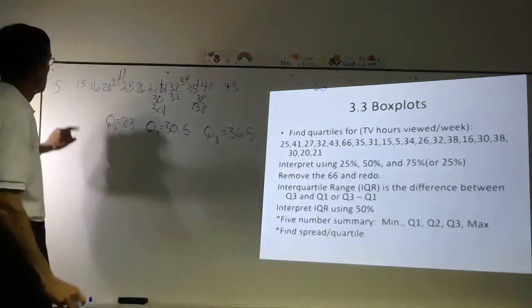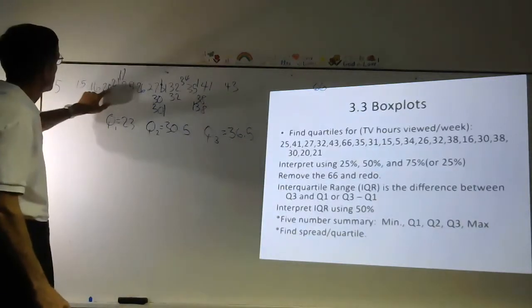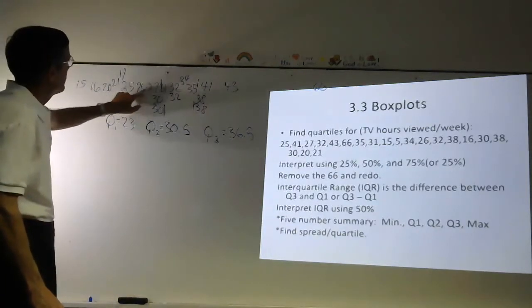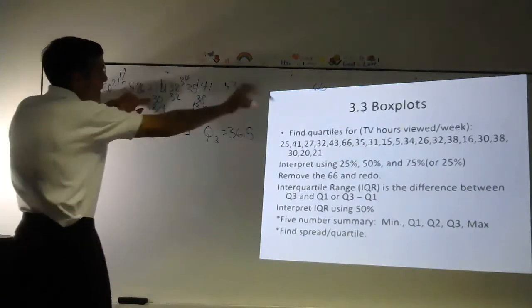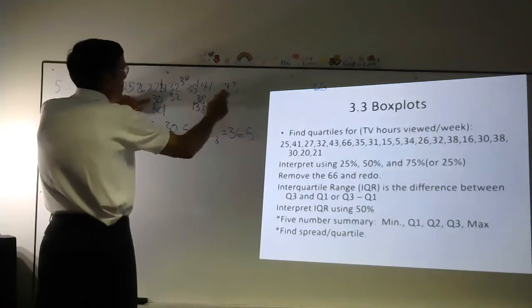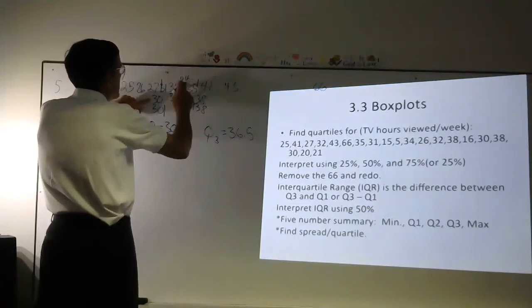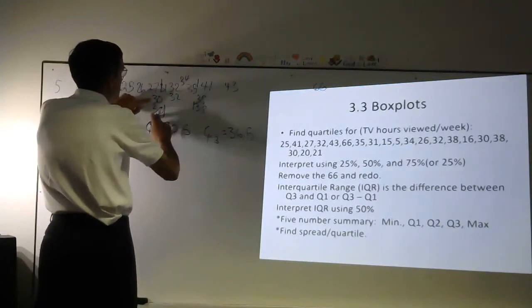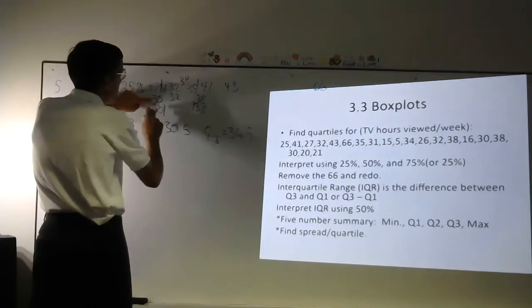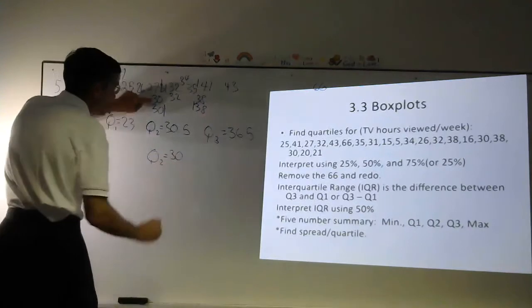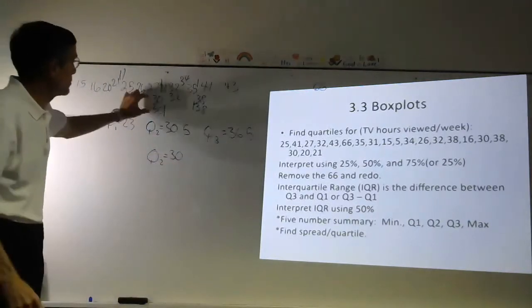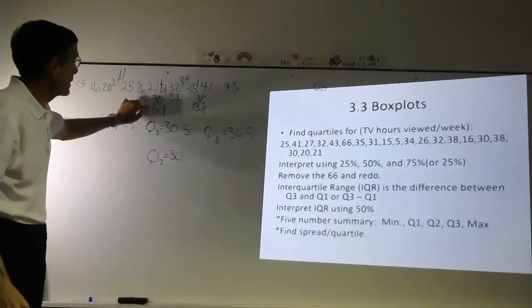So I'm going to go up 9 and come down 9 without counting the 66. I'm in between this 30 and this 30. Q2 would be 30, in between those two 30s, okay?